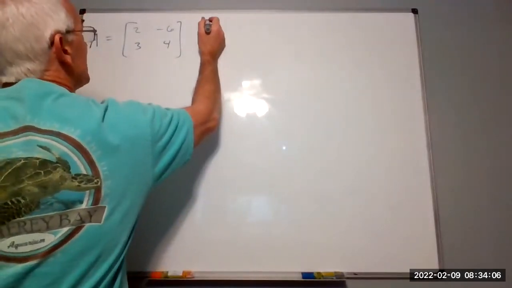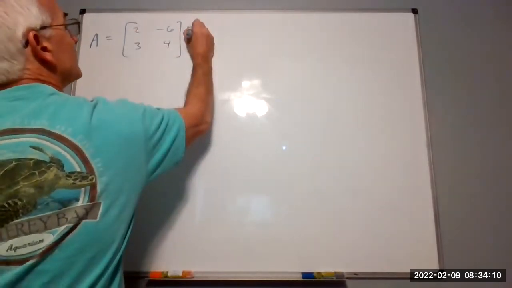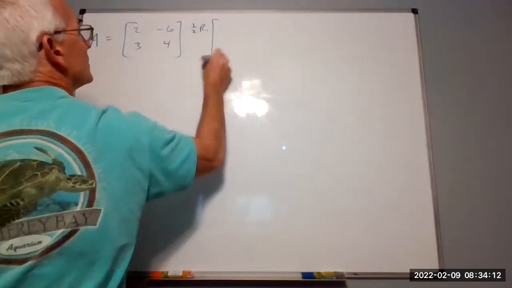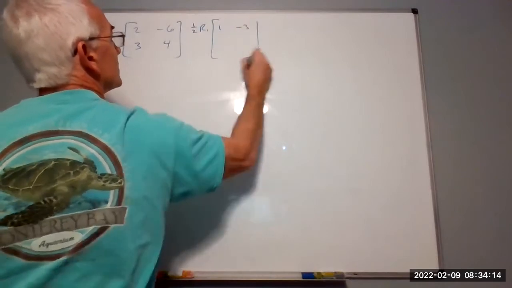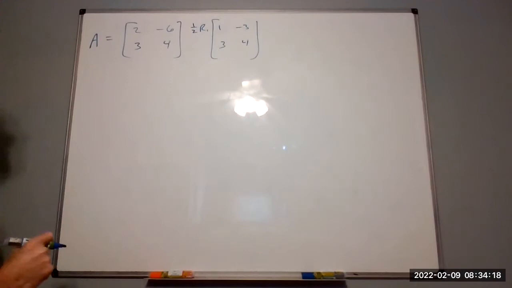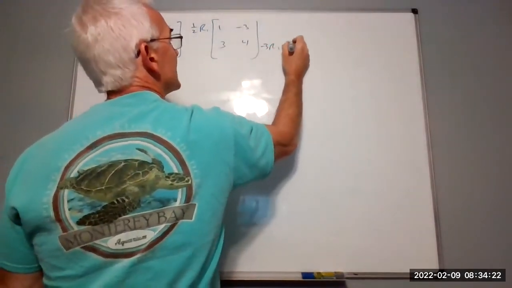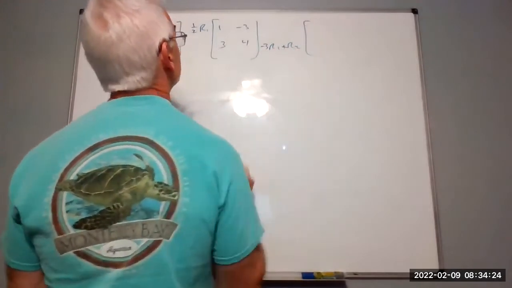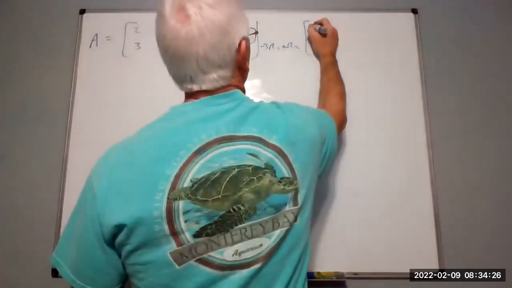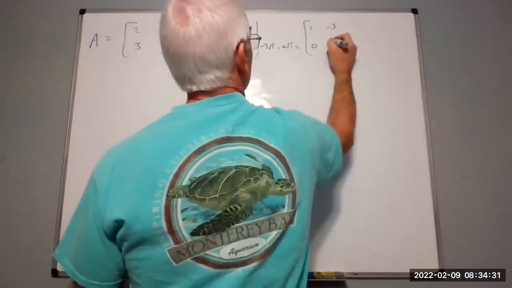So my first step in the problem, I'm going to take 1/2 of row 1. Okay, so now I have a pivot of 1. Now I'm going to take -3 row 1s and add it to row 2. Okay, and that will give me 1, -3, 0, and 13.